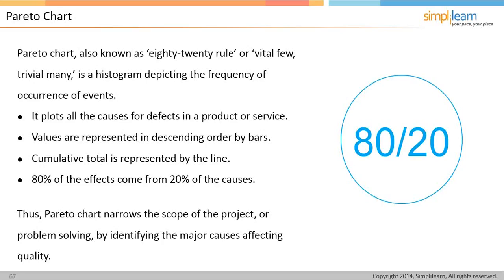Now, I talked a little bit about the 80-20, the vital few, or the trivial many. It's really just a histogram depicting the frequency of occurrence of events. So it's going to plot all the causes for defects in a product or service, or whatever category or issue you're looking at. It's going to plot them in order of frequency, with those most frequent on the front end and those least frequent on the back end. So moving from left to right, on the far left-hand side against the y-axis, you would have those issues that happen most frequently, and in descending order all the way down to those least frequent.